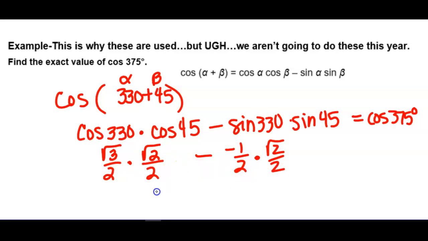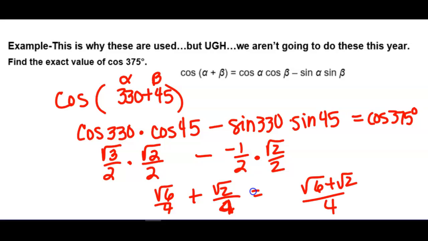So when I simplify this, I get the square root of 6 over 4 minus negative, which is plus, positive 1 times square root of 2 is square root of 2, 2 times 2 is 4 in the denominator. So my answer is square root of 6 plus square root of 2 all over 4 is the exact value of the cosine of 375.